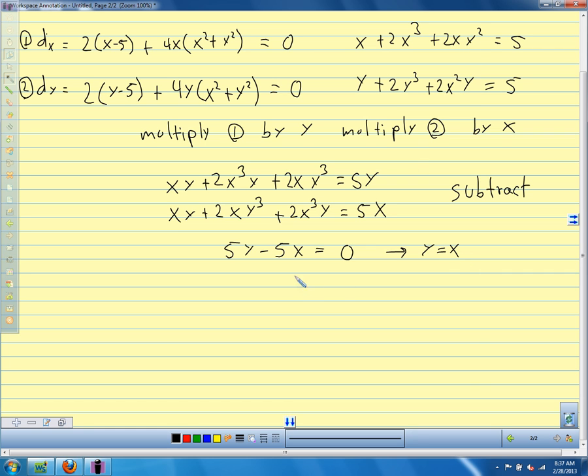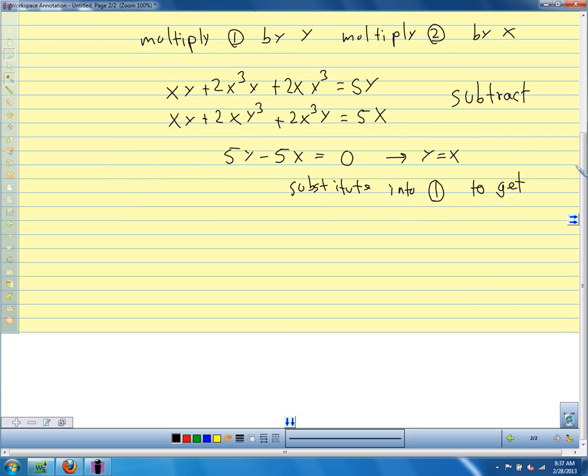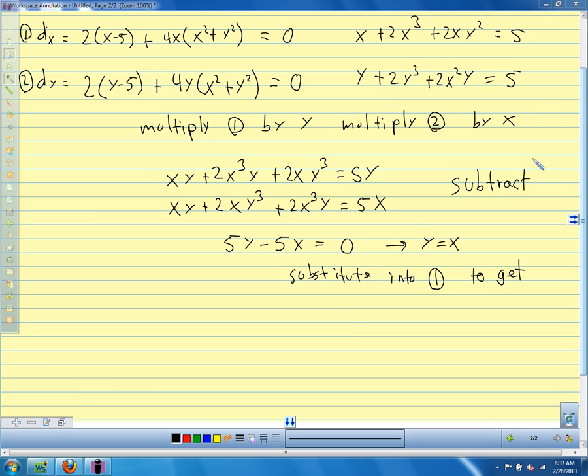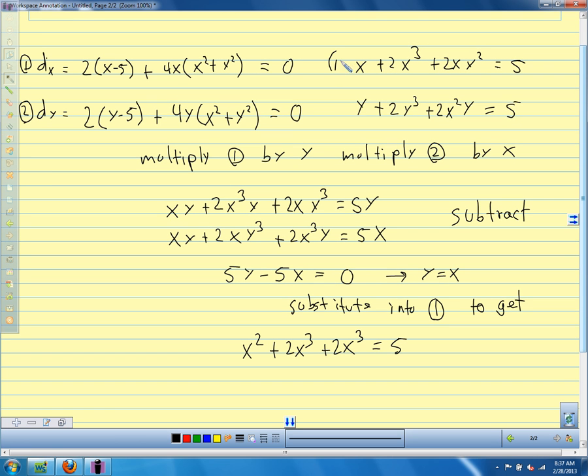Substitute into 1, and we get x plus 2x to the third plus 2x to the third equals 5.